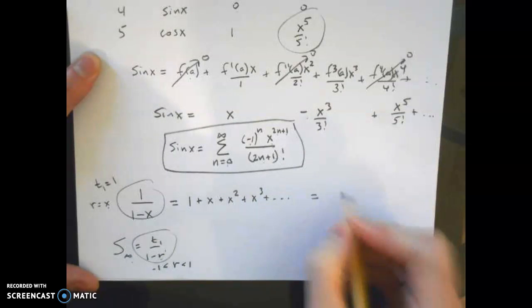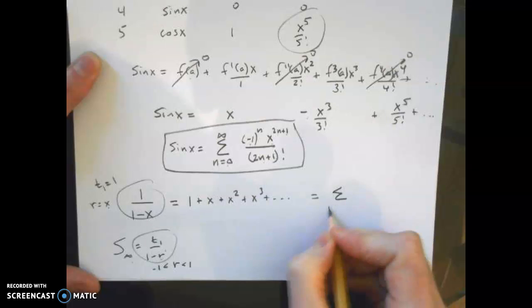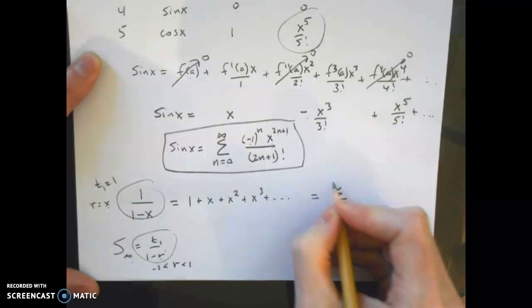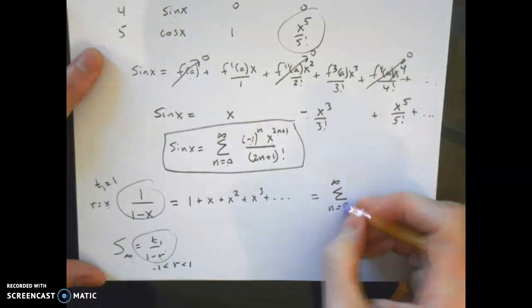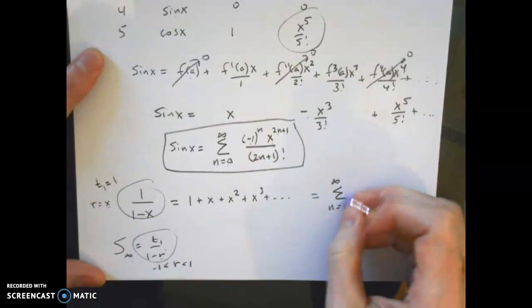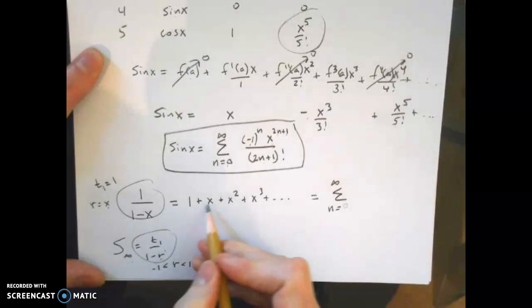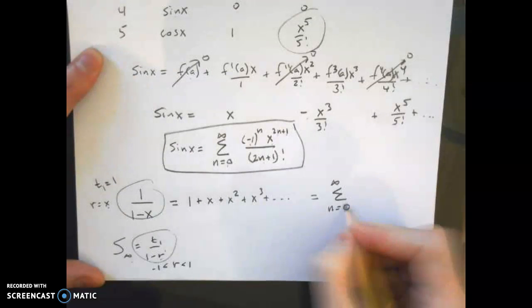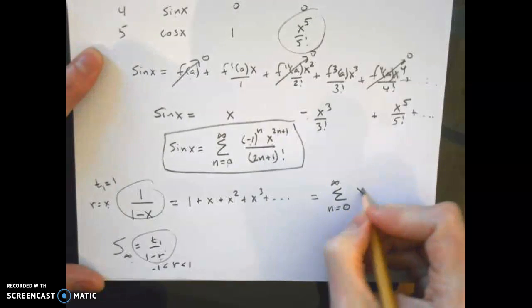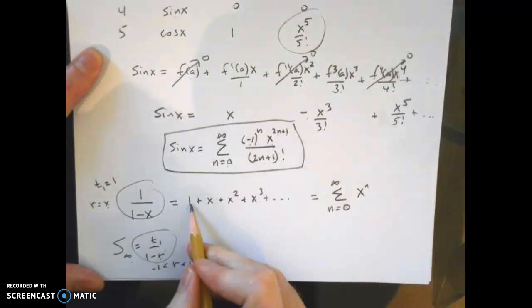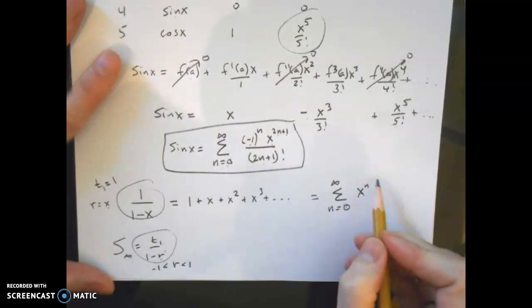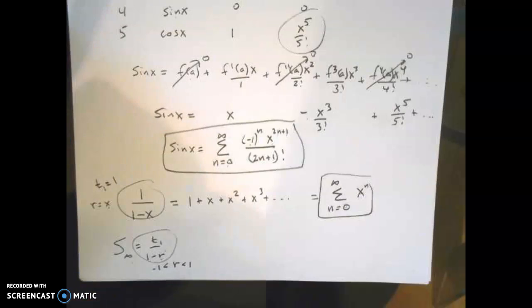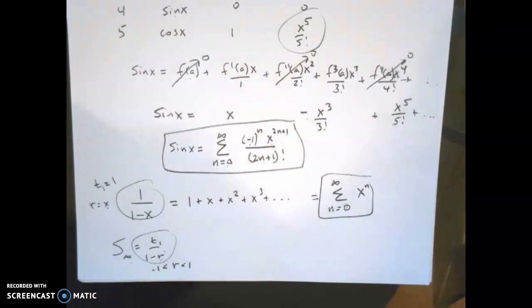Or you could say this entire series is equal to the sum from n equals 0 to infinity of x to the n. That's all you've got, because x to the 0 is 1, and then x to the first, x to the second, x to the third. So using that idea is going to help you do some of these other questions.